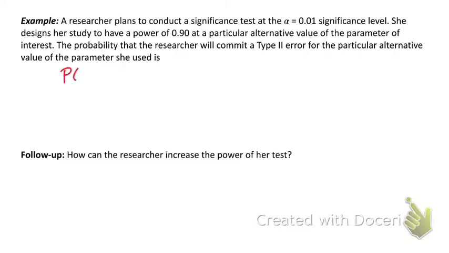We are trying to find the probability that she commits a type 2 error. Anybody remember how to find that? That's beta. Okay, cool. So we remember that this is beta. That's awesome. Nice. And how do I get beta?